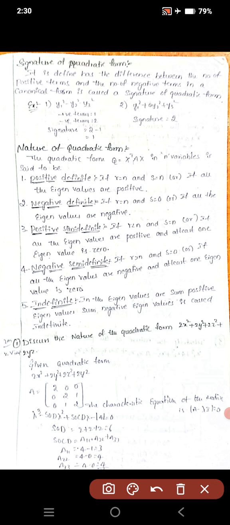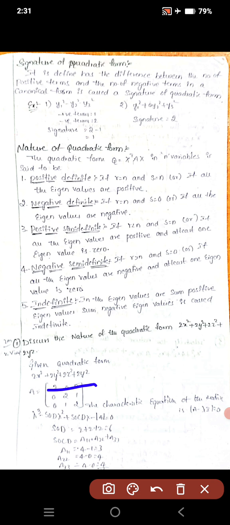So A is equal to diagonal elements 2 2 2, the square terms x square y square z square. Next xy term is not there, so 0. The yz term is 2, half of it is 1. So what is your matrix? Symmetric matrix 2 0 0, 0 2 1, 0 1 2.